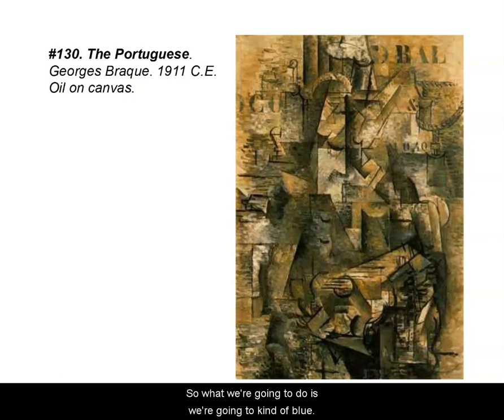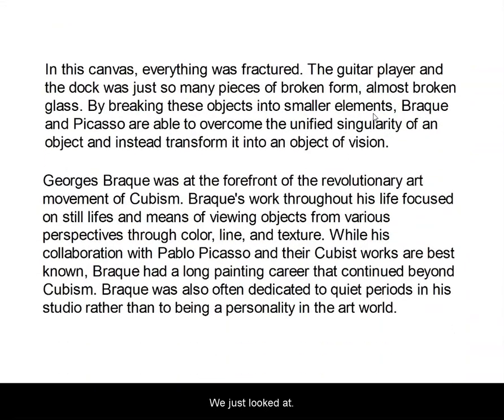So what we're going to do is look at this piece and keep in the back of your mind Picasso and how we just looked at his piece as well, because George Braque and Picasso really worked together within this movement of creating this type of abstract art. So in this canvas, everything was fractured.